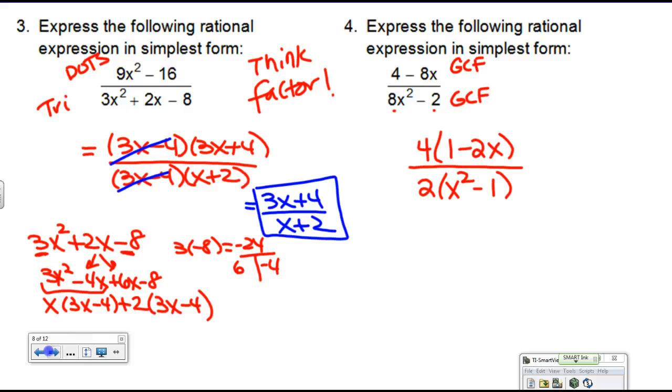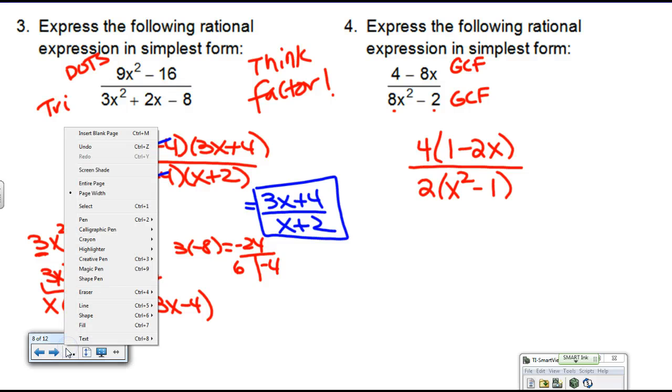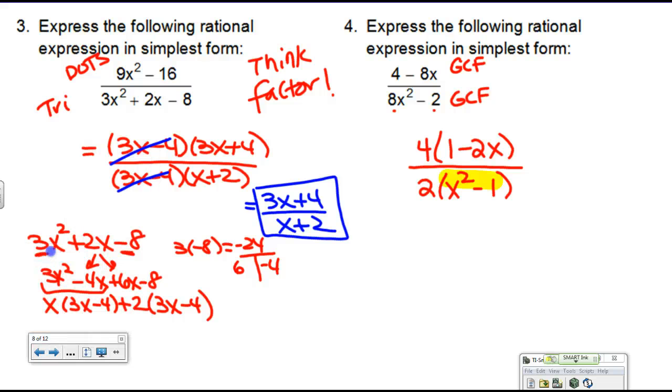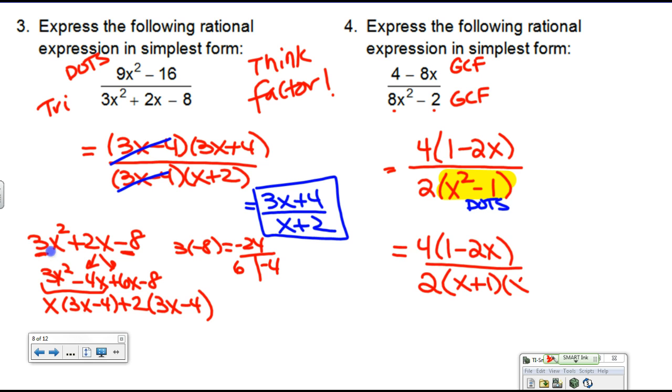All right, so one other thing you have to know is you're expected to factor completely. That guy is actually a difference of squares. So we have to factor this again. So the 2, and then the x squared minus 1 is x plus 1, x minus 1.